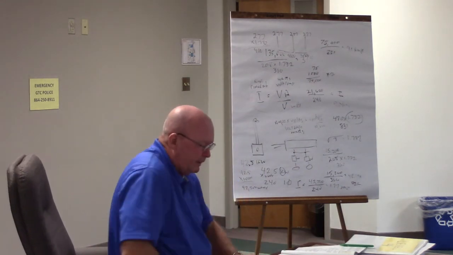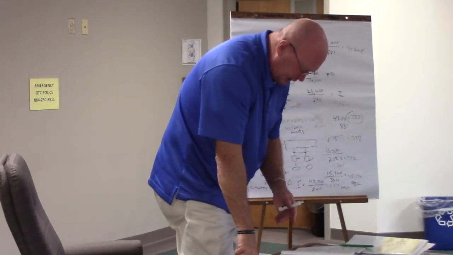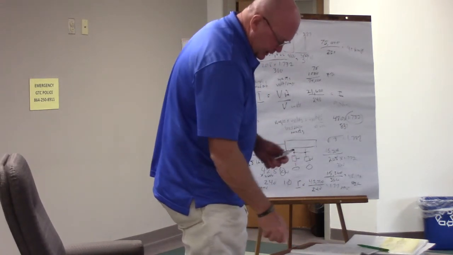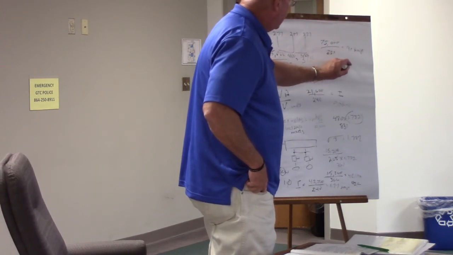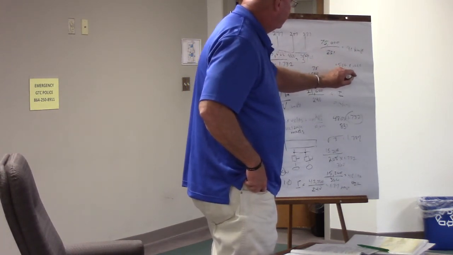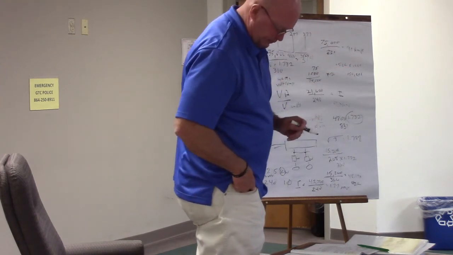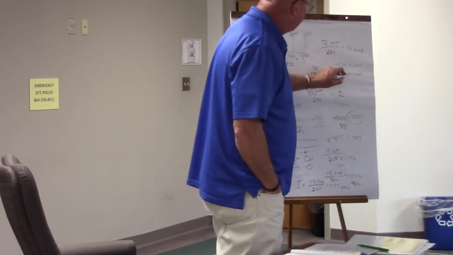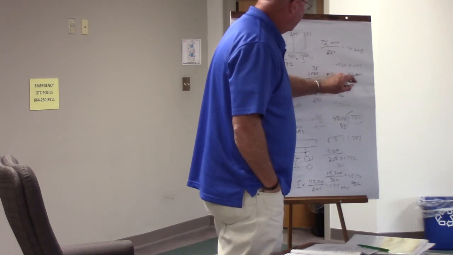And the secondary rating is 480. So we've got 1500 times 1,000, which is what, 150,000? Is that right? No, it's more than that. It's 1,500,000. Yeah. Thank you, Jamie.